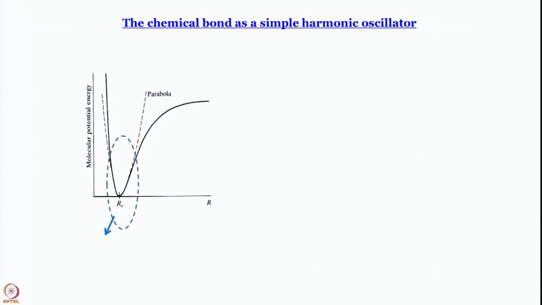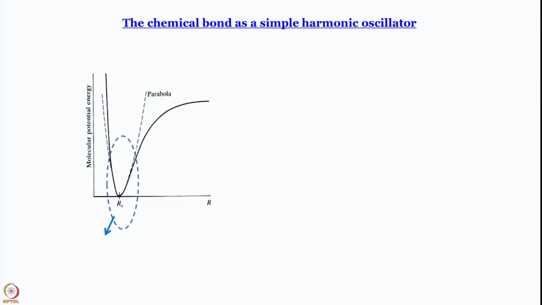Okay. So, it is very clear that this curve that we have drawn, the solid curve, is definitely not a simple harmonic oscillator. But if I try to draw a simple harmonic oscillator and superimpose it, you can see that for small displacements from the mean position, the two curves are more or less superimposable, right. Say from here to here, the two curves are more or less the same.